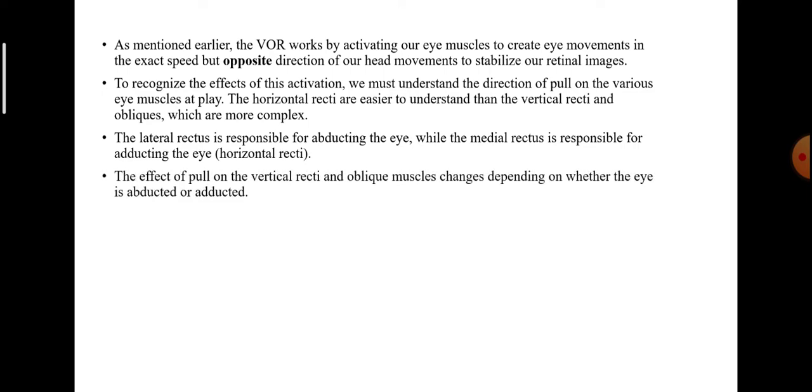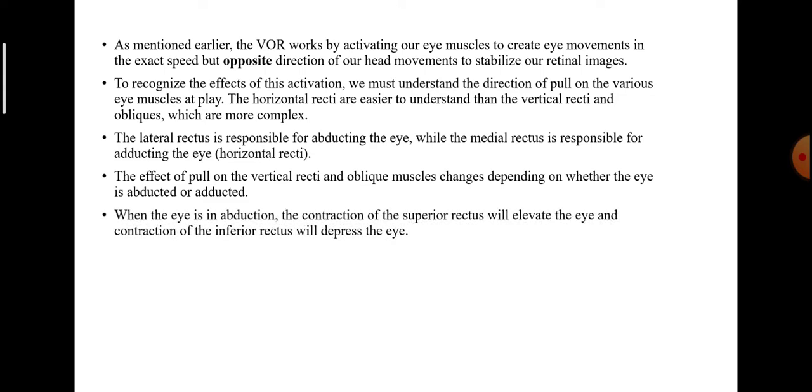The effect of pull on the vertical recti and the oblique muscles changes depending upon whether the eye is abducted or adducted. When the eye is in abduction, the contraction of the superior rectus will elevate the eye and contraction of the inferior rectus will depress the eye.